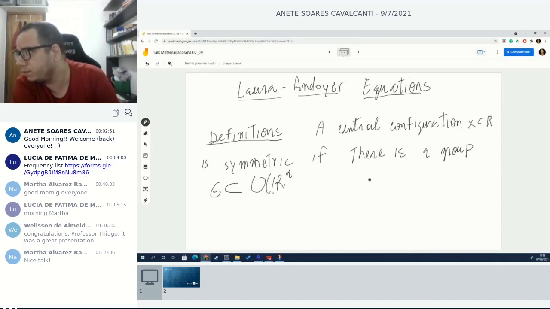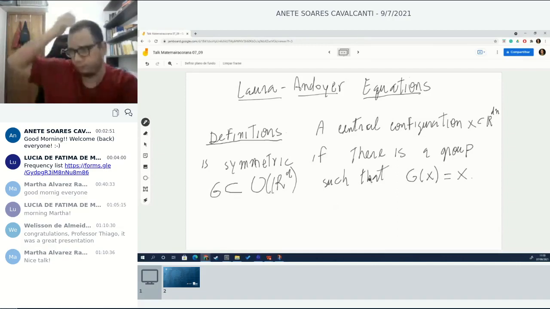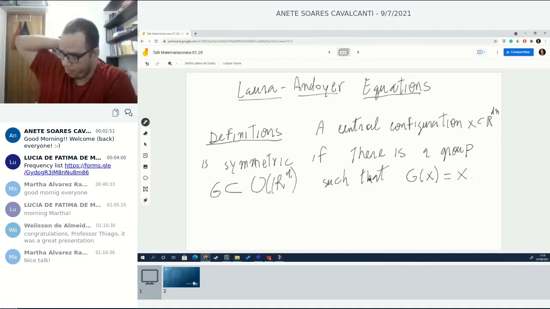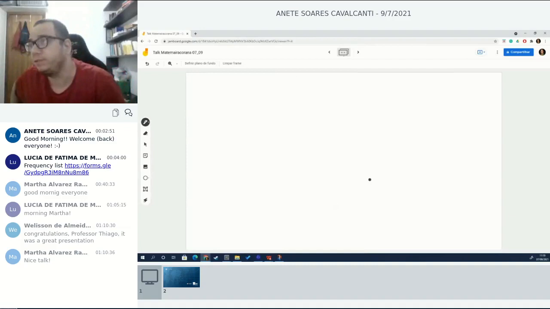This configuration is contained in R^{dn}, such that the action of G on the configuration X is equal to X. This is the definition of a symmetric central configuration.